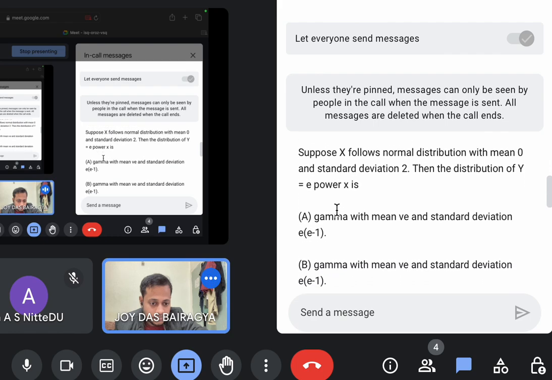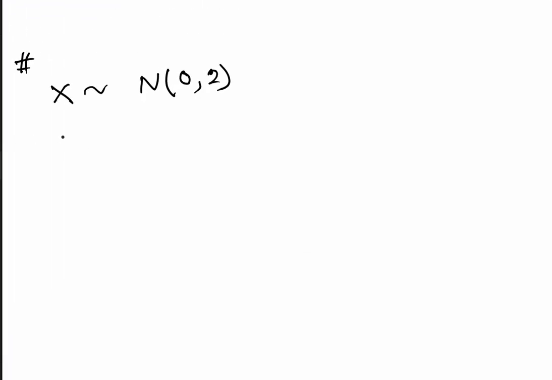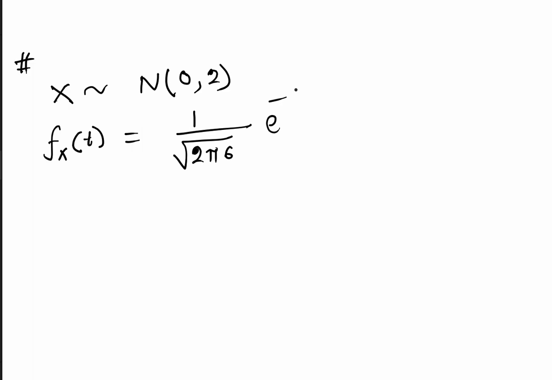That means the density will be 1 by root over 2 pi sigma, e to the power minus x square by 2 sigma square.